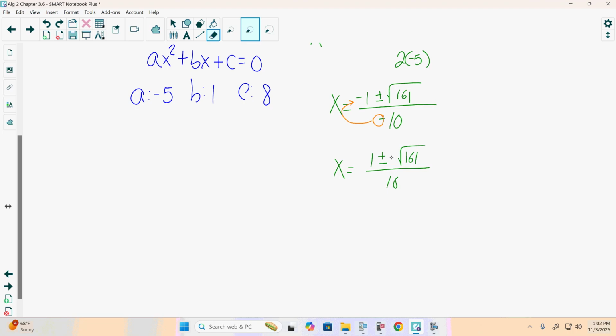So really when we applied the negative to the plus or minus, the plus became minus, the minus became plus, which tells us it's still plus or minus. So really when we distribute that negative through, the only sign that's changing is the first term. The plus or minus still stays plus or minus. So 1 plus or minus the square root of 161 over 10 is the correct answer, or correct answers.